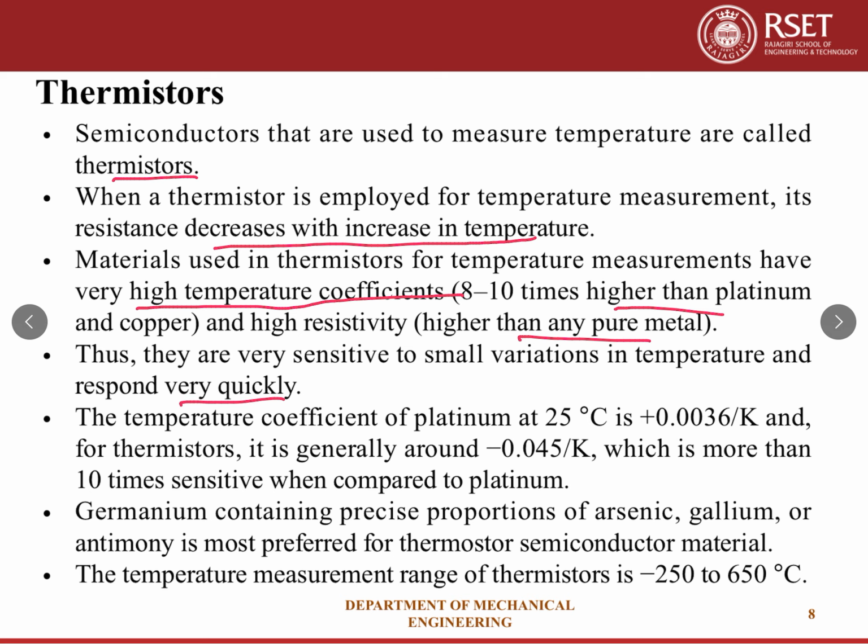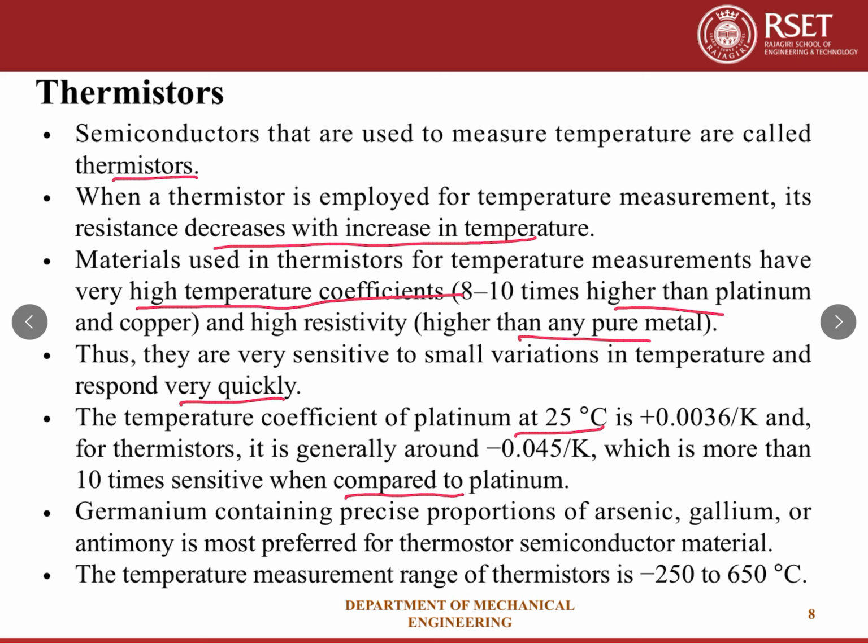The temperature coefficient of platinum at 25 degrees Celsius is plus 0.036 per Kelvin, and for thermistor it's generally around minus 0.045 per Kelvin, which is more than 10 times as sensitive compared to platinum. So compared to RTD, thermistors are more sensitive.